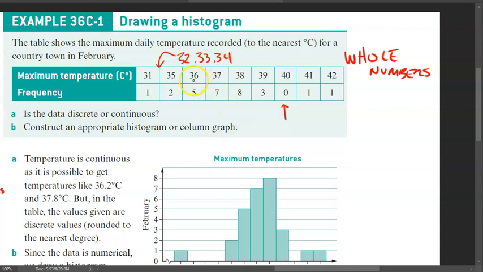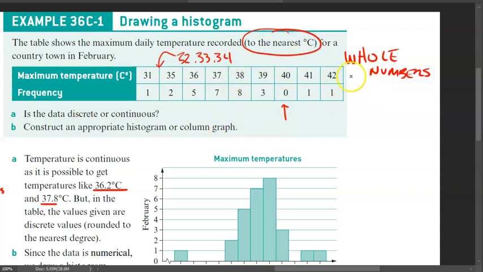But temperatures are actually considered continuous, and the reason why is because it is possible to get temperatures like 36.2 or 37.8. But in the table that's given here, the values are displayed in a discrete way. It's just being rounded to the nearest degree within the question.